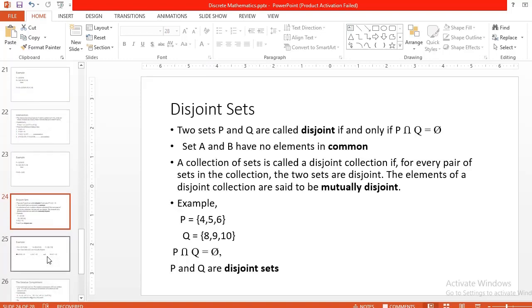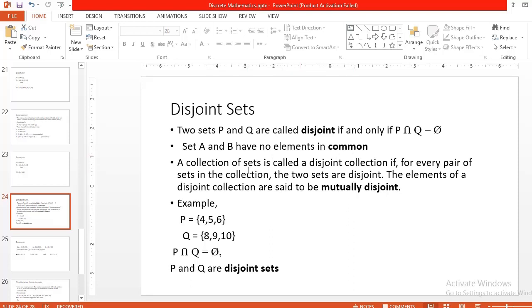Next, disjoint sets. Two sets P and Q are called disjoint if and only if P intersection Q is equal to phi. In other words, if there is no element common, then these sets are called disjoint sets. Say sets A and B have no elements in common.